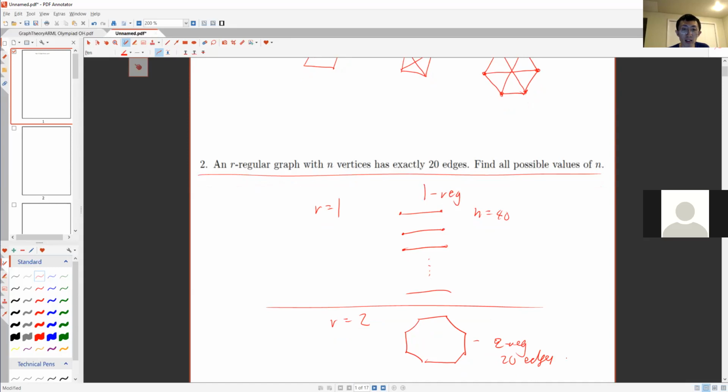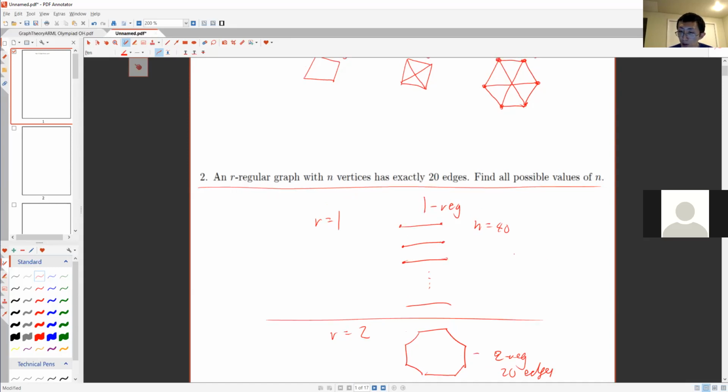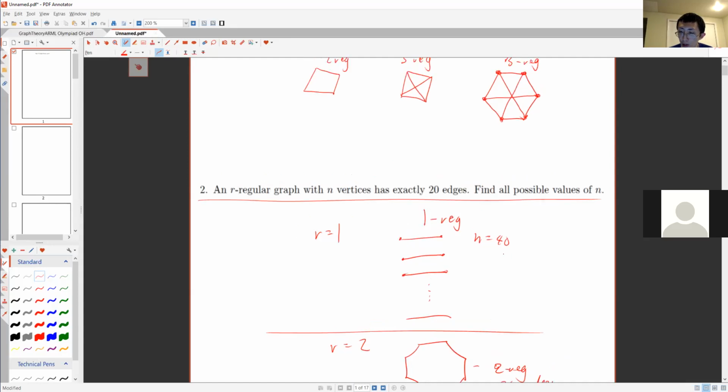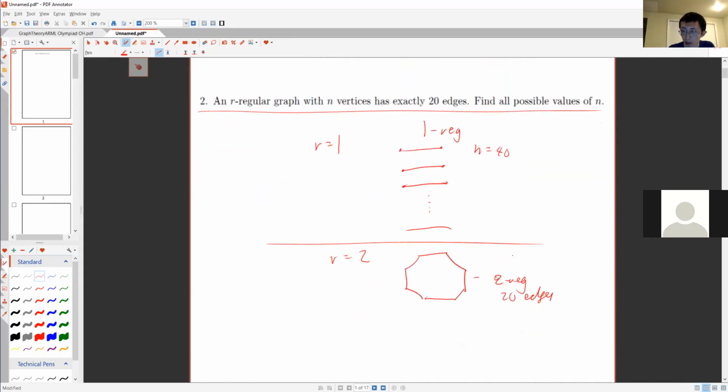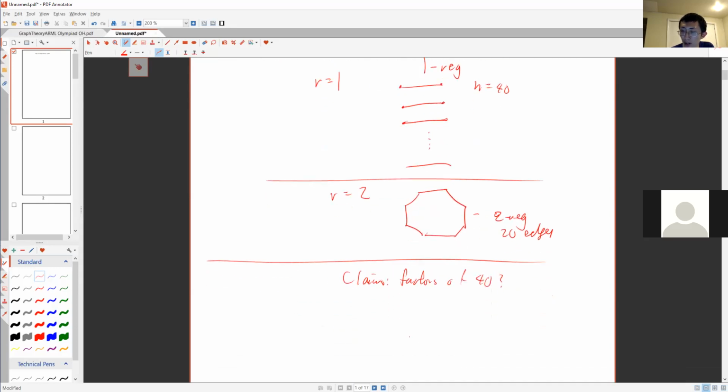How can we see that it has to be a factor of 40 though, for the values of N, I suppose, or R? Claim: factors of 40, or conjecture or something.